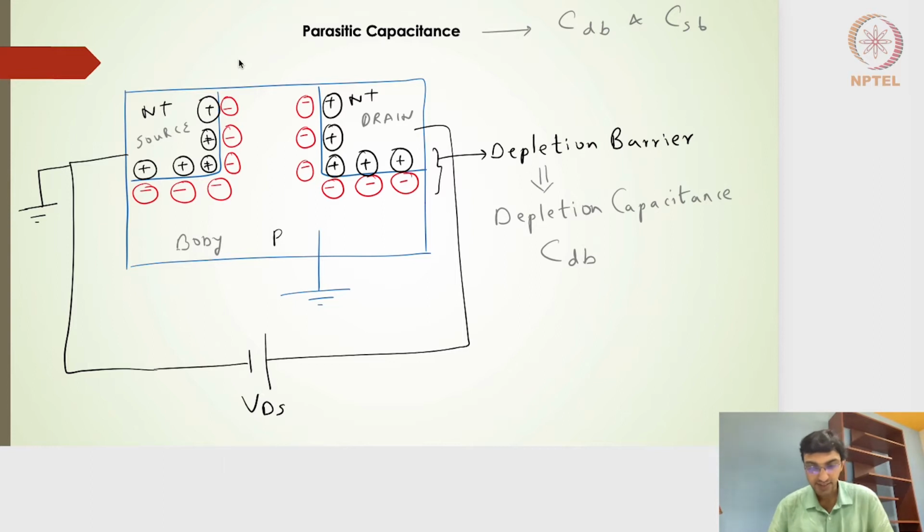So this is the NMOS transistor model, and I have not taken into account the oxide or the gate. We will come to the oxide or gate capacitances in later slides. This one talks about the parasitic capacitances.